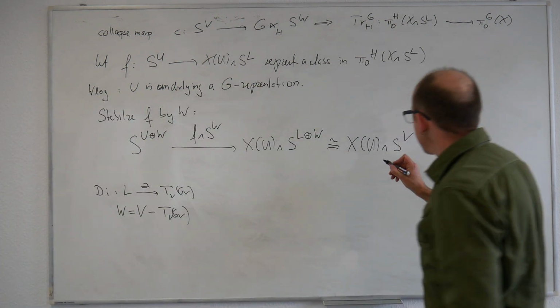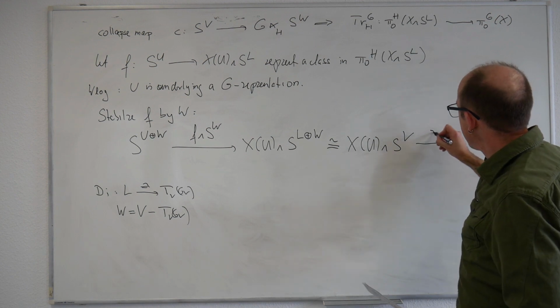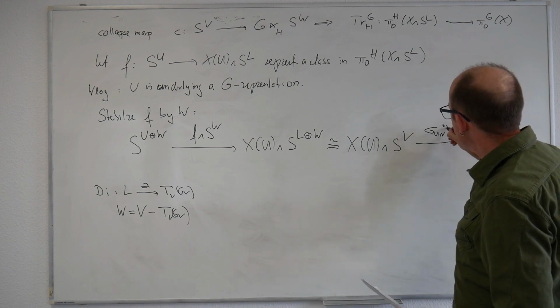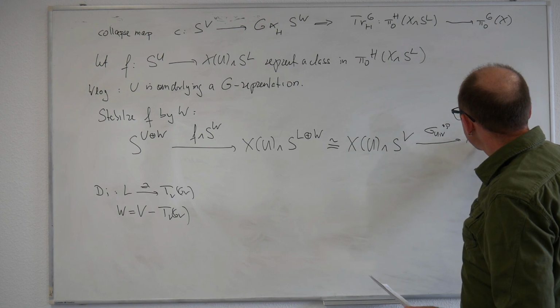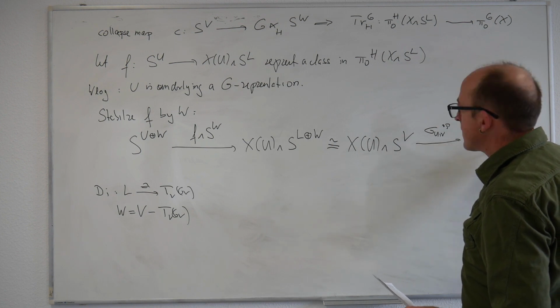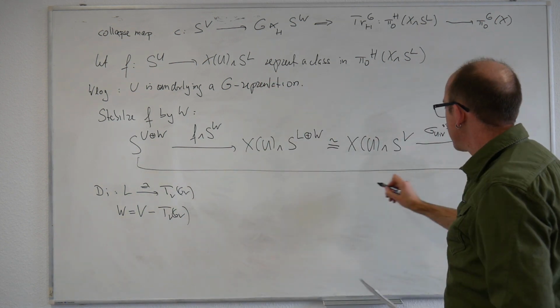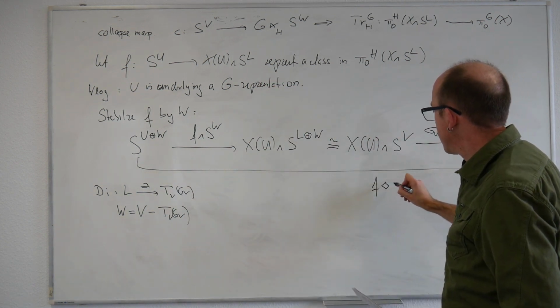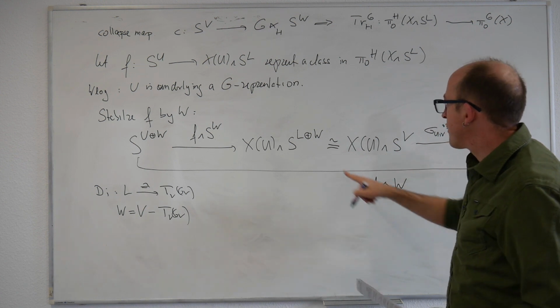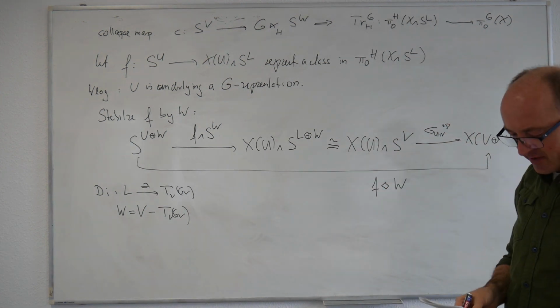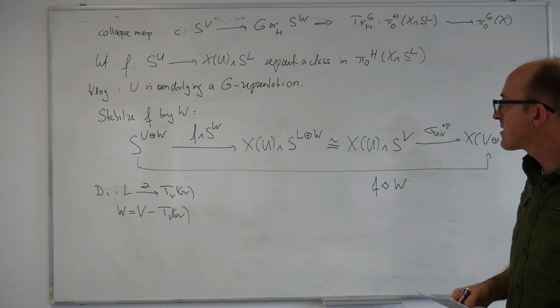And now I can use the opposite structure map, sigma U V op, to go to X of U direct sum V. This composite is what I've earlier denoted by the stabilization of X from the right with W. Well, not quite, because we're also using this identification here, but except for that, that's what it is.